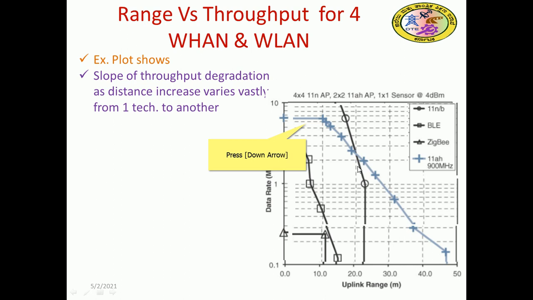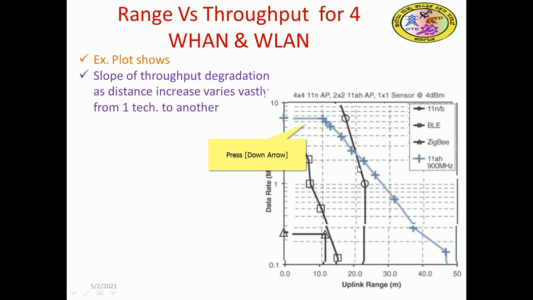So here in the case of BLE and Zigbee, the slope is the highest and constant. So suddenly at one point, at a distance of 10 meters, it suddenly drops to 0. So the distance at which throughput drops varies vastly from one technology to another, right?